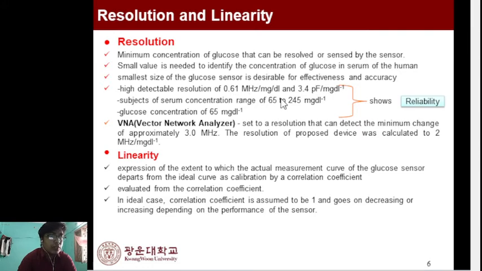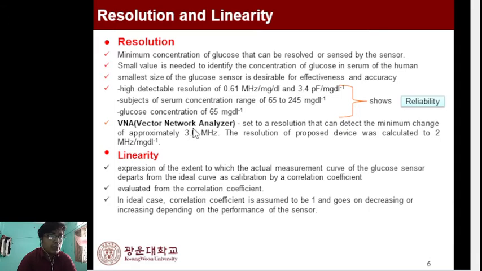of 0.661 megahertz per mg per dl to 3.4 picometer per mg per dl. We take our samples as a sample serum concentration level of 65 to 245 mg per dl, and after that we observe that it shows high reliability.